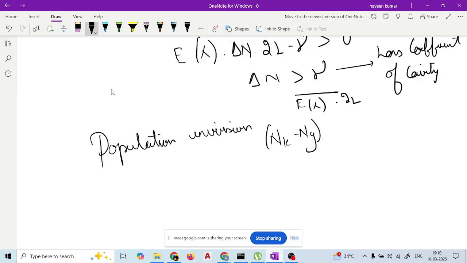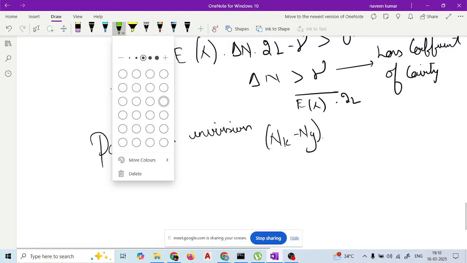So what we try to achieve is to consider the amount of photons from one end to the other end, and whether with the help of epsilon or lambda, as well as with the del n, we will be able to achieve the population inversion or not.